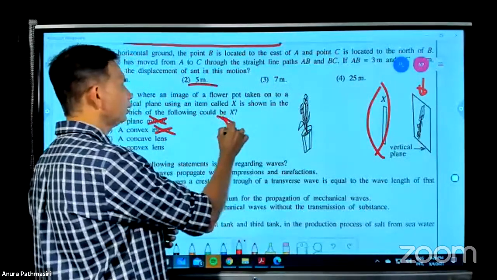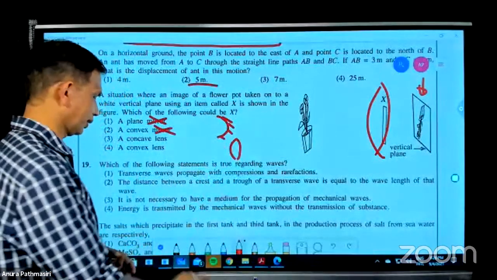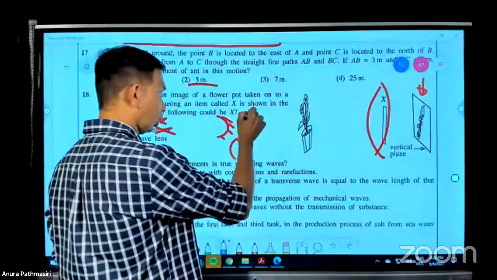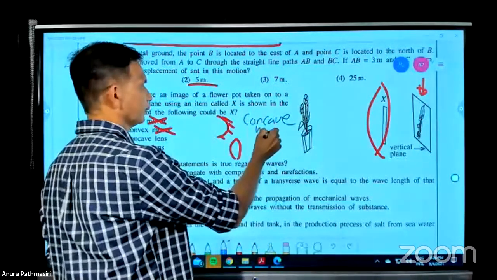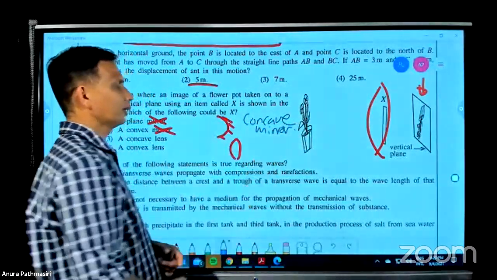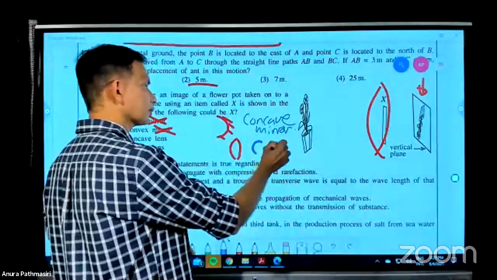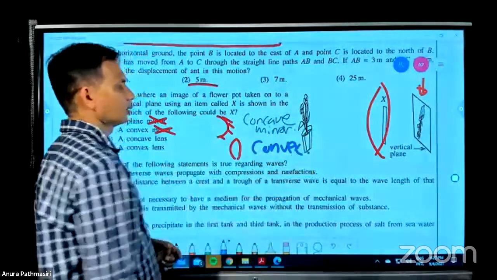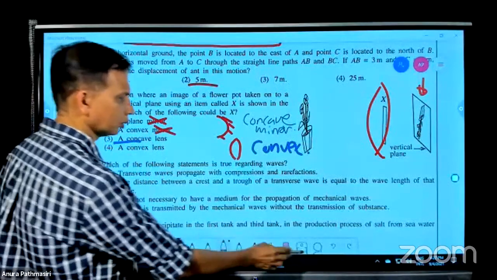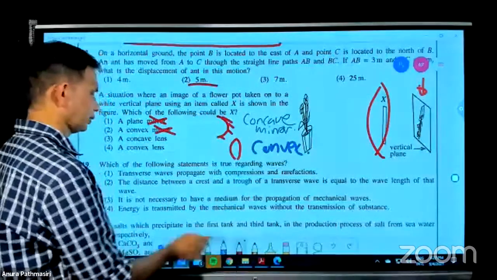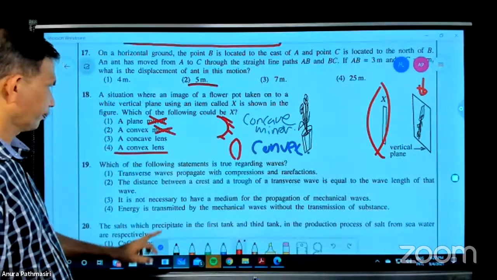Concave mirror and convex lens give real images. So the correct answer here is a convex lens.